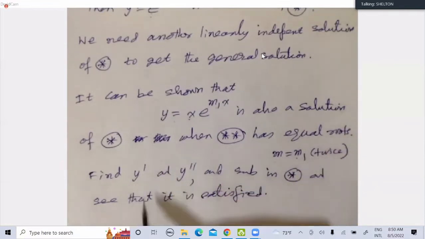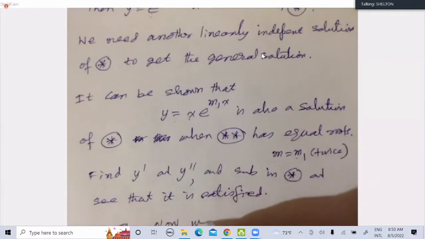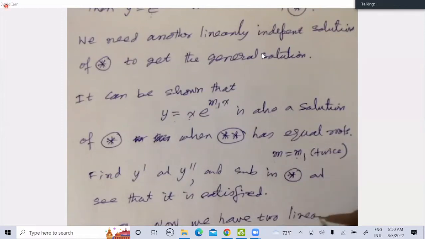I'm skipping that part, I'm just telling you how to verify it. Therefore, for the general solution, we now have two linearly independent solutions.